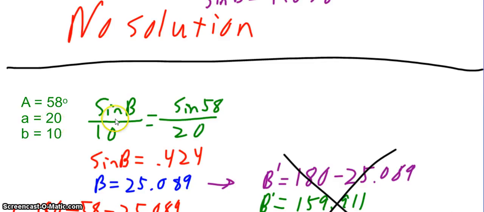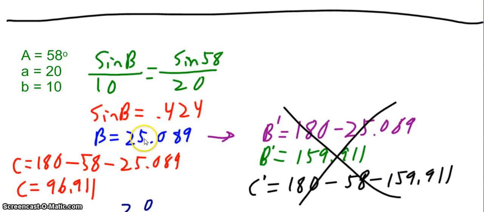For the next one, again, I just solved for angle B right away, and I got angle B is 25.089 degrees. And then I found B prime, so one solution did exist. For the second solution, B prime was 159.911.